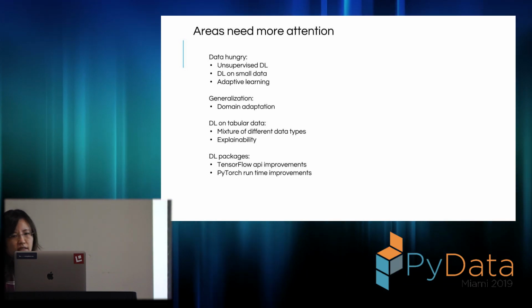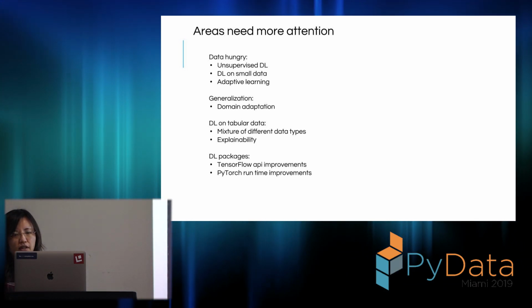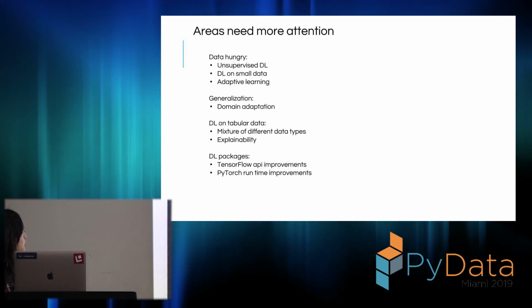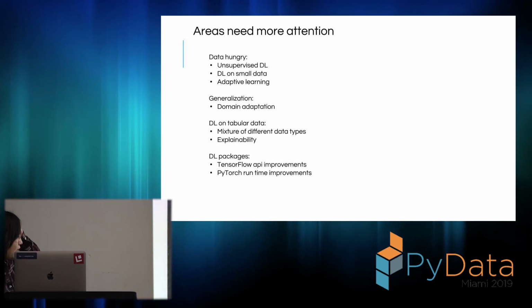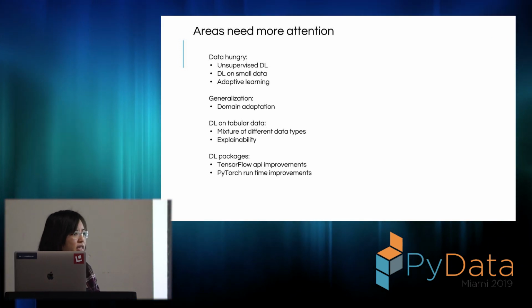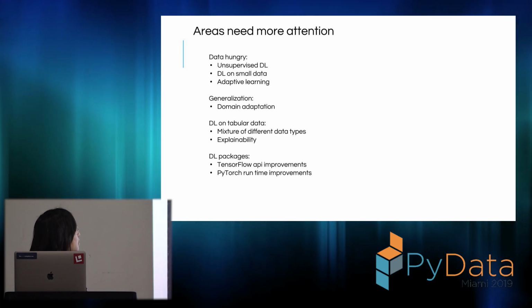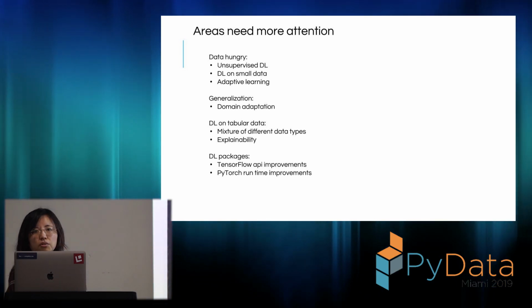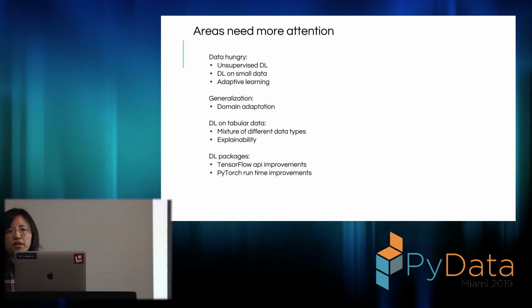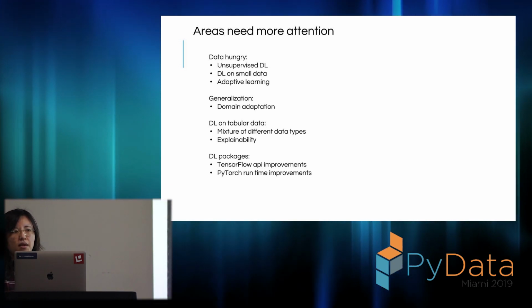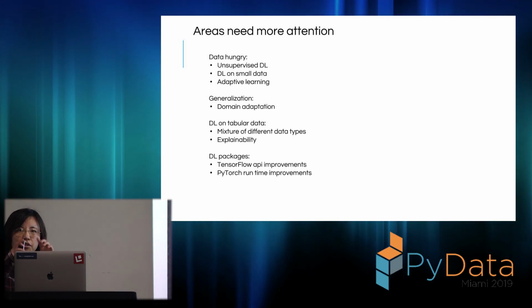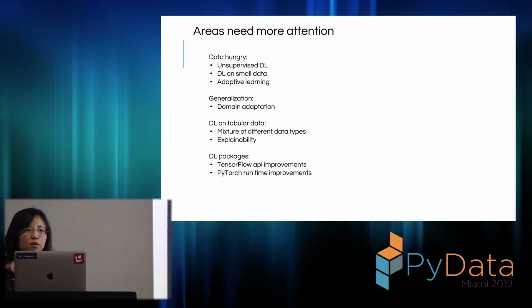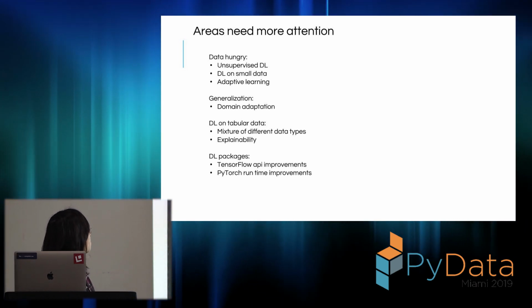At last, as a deep learning practitioner, I wish a few areas could be paid more attention. For example, again, deep learning is data hungry. Most of the winning methods in image classification are still supervised learning methods. But labeling an image, even just putting a bounding box, can be quite laborious.